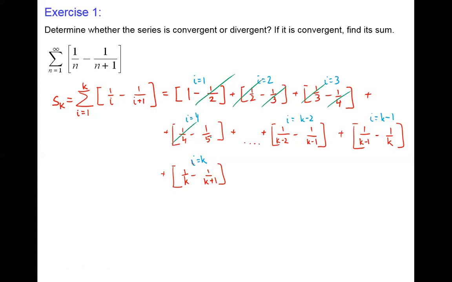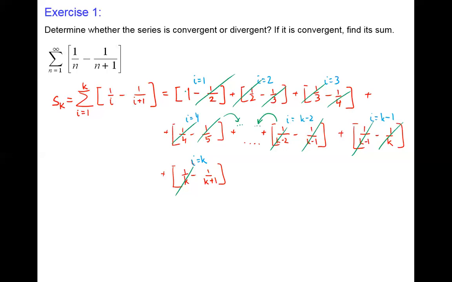And of course, if I listed another term, I would also cancel this one with my next term. And let's see from the back side. I have negative 1 over k and positive 1 over k. I have negative 1 over k minus 1 and positive 1 over k minus 1. And I would also have this one cancelled with something if I listed more terms.